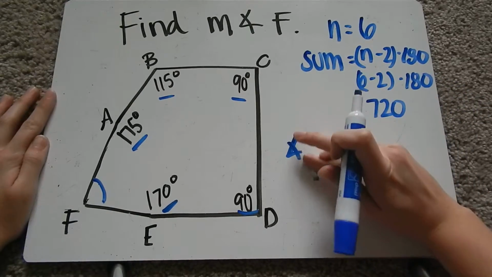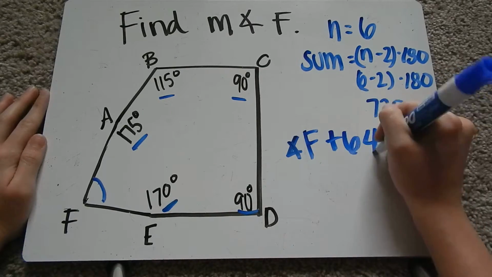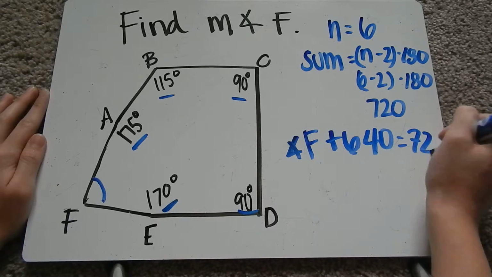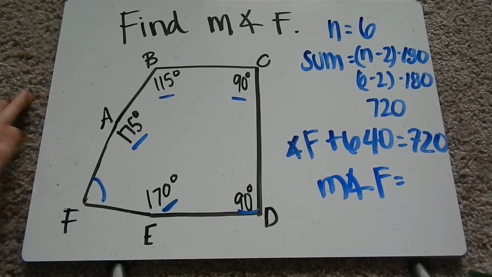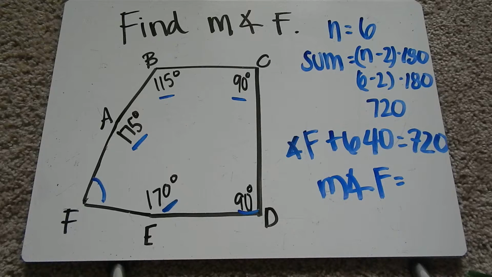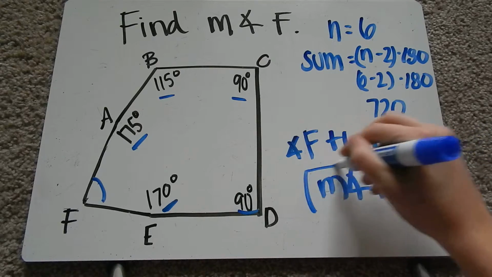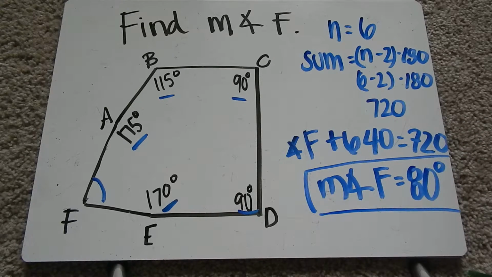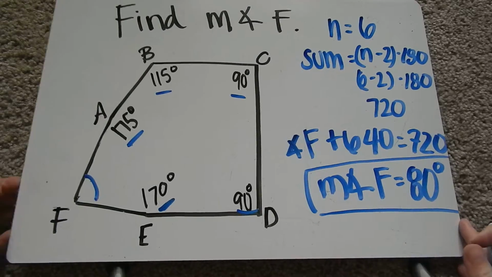So the measure of angle F plus 640 equals 720. So the measure of angle F is equal to 720 minus 640, which is 80 degrees. Just figure out what the sum of all the angles is, add up all the angles you have, and subtract that from the total to get your missing angle. So we would get 80 in that case.